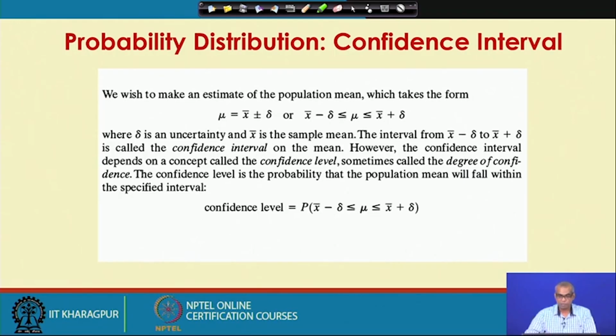However, the confidence interval depends on a concept called the confidence level, sometimes called the degree of confidence. The confidence level is the probability that the population mean will fall within the specified interval.